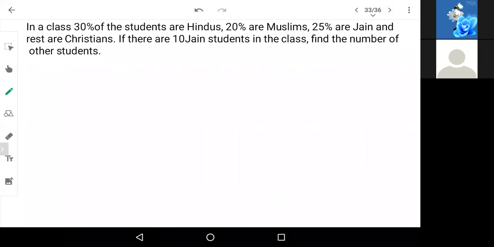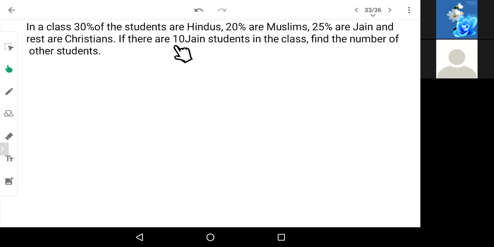Okay, then let us go to the next question. Read the question clearly and then we shall solve it. In a class, 30% of the students are Hindus, 20% are Muslims, 25% are Jains, and the rest are Christians.